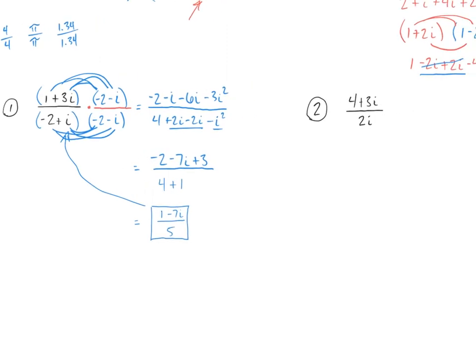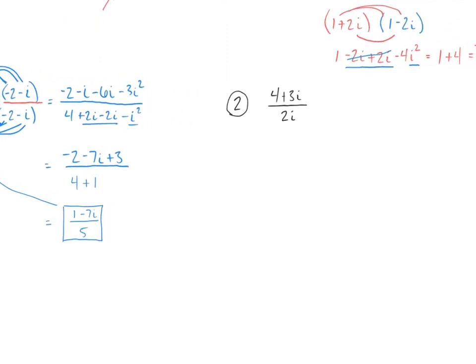Let's see it happen one more time over here with example 2. Example 2 is a fraction that has an imaginary denominator, which we don't want. I need to find a version of 1 that's going to allow me to cancel that denominator, or at least make it so that it is no longer imaginary. So the version of 1 I'm going to choose is going to be the conjugate of this 2i, which would be negative 2i. But if I'm multiplying by 1, I need to make sure that it's a negative 2i over negative 2i.